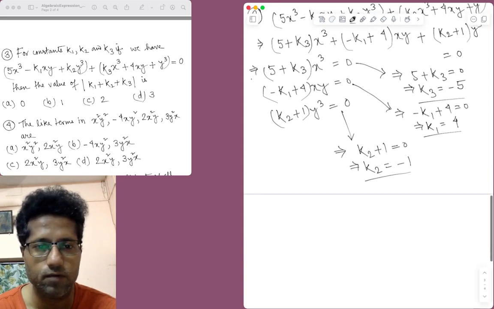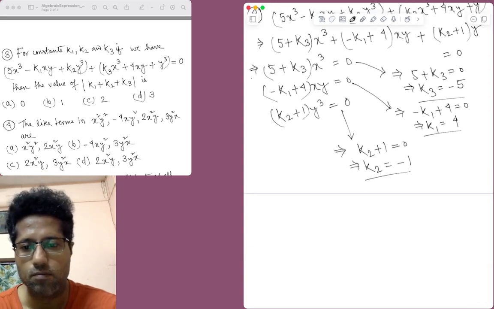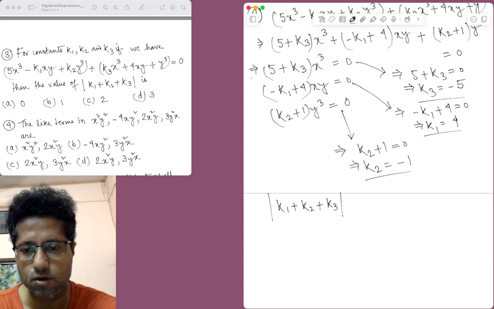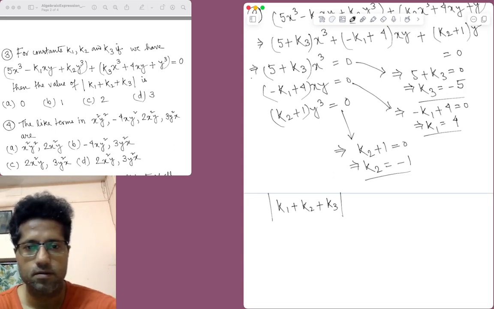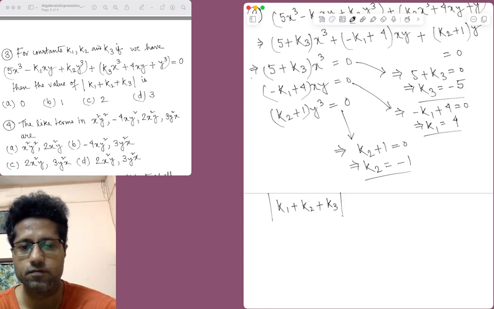Now we have to find the mod of k1 plus k2 plus k3. Mod means the absolute value or numerical value of a number, that is the number without the sign. The absolute value of minus 4 is 4, the absolute value of 0 is 0, the absolute value of minus 6 is 6, the absolute value of 5 is 5.